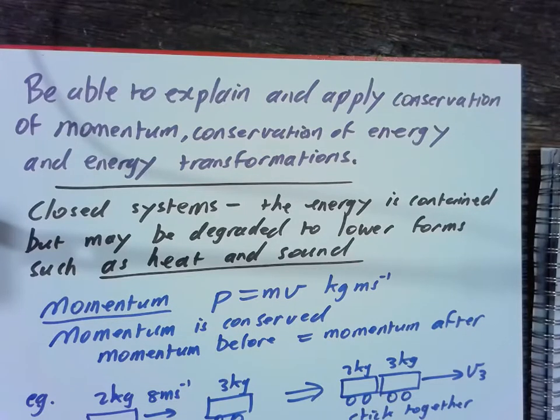So 2 by 8 plus 3 times 0 equals (2 plus 3) v3, which brings us down to 16 equals 5 v3, or v3 equals 3.2 meters per second.